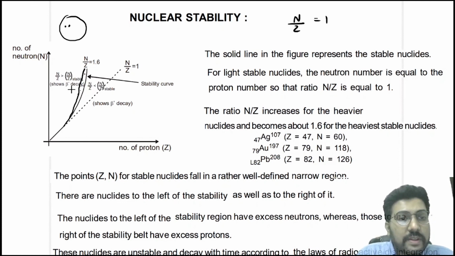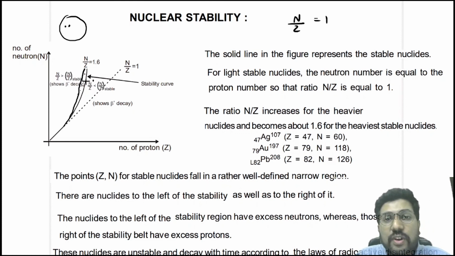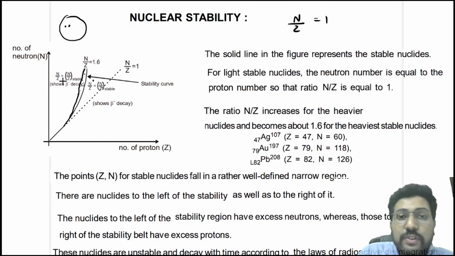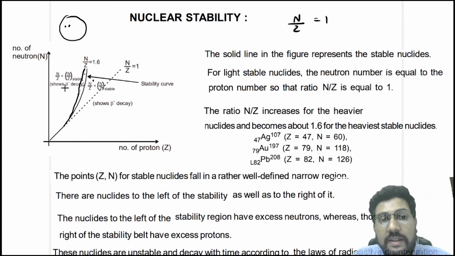Now the nuclei which are to the left of this stability region have excess neutrons. You will say this side also has excess neutrons, but excess neutrons does not mean more neutrons than protons. No, excess neutrons means that the number of neutrons is more than what is required.